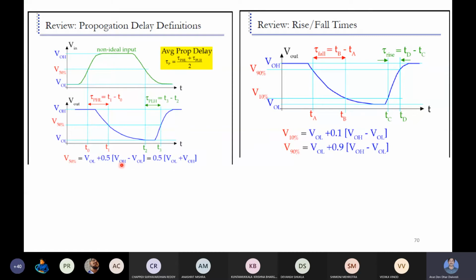In the same way the 10% point is 0.1 of VOH, and the 90% point is VOL plus 0.9 of VOH. VOL will be almost 0; if it is not 0 for other inverters, we can put in whatever value applies. So this is the basic review of delay, propagation delay, rise time and fall time. These must be calculated in terms of CMOS inverter parameters.